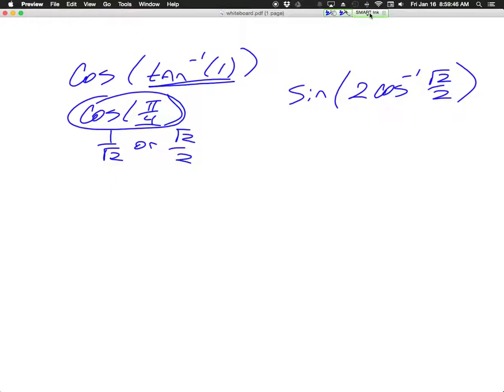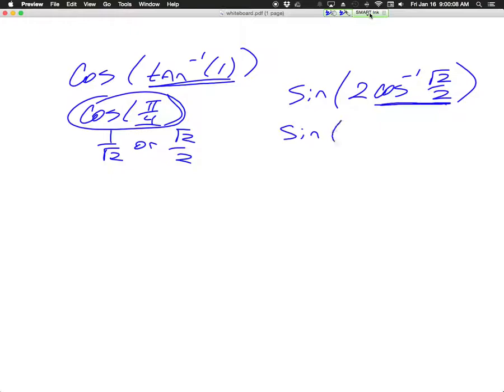All right, sine of 2 times the inverse cosine of square root of 2 over 2. So what do I need to consider first? The inside, and more specifically, this part of it.